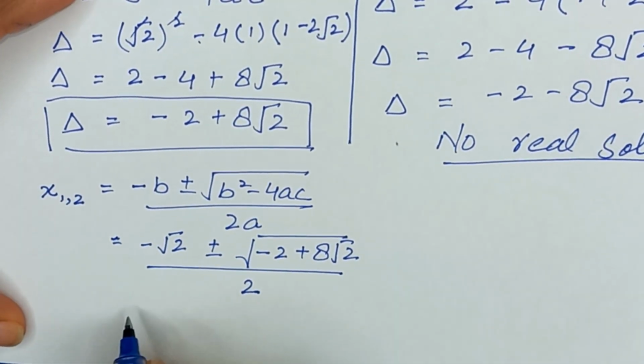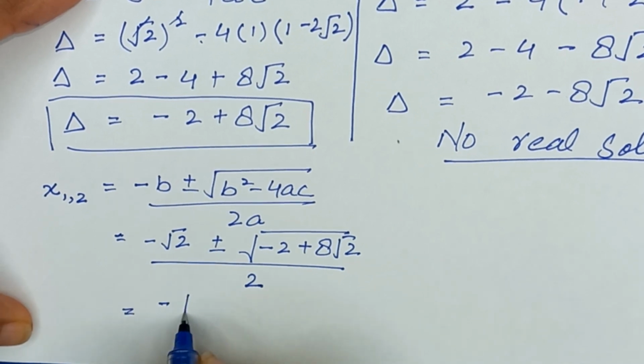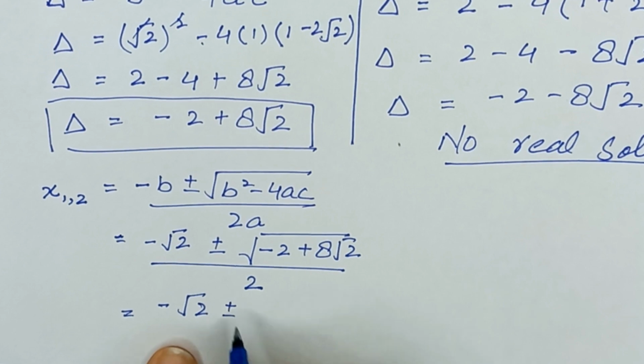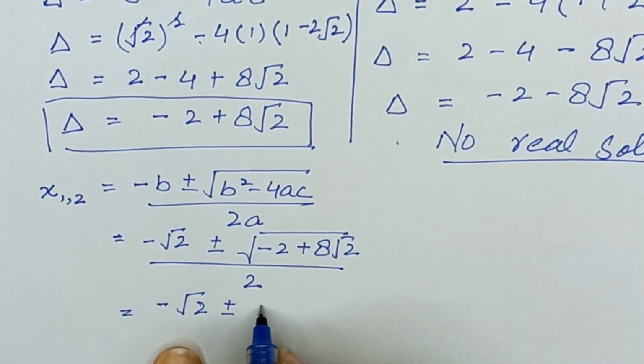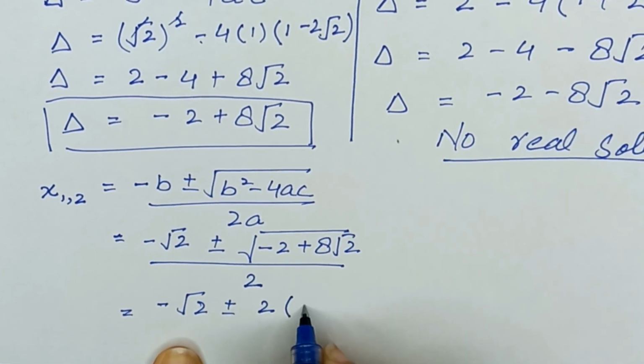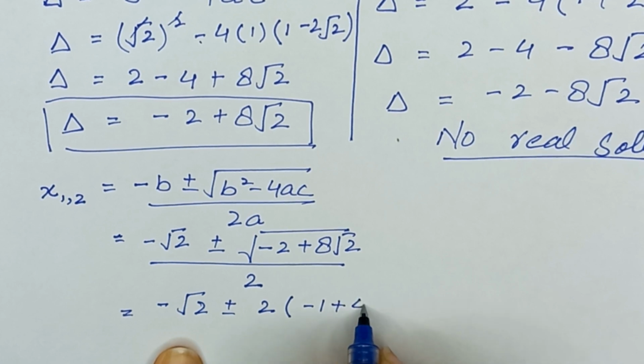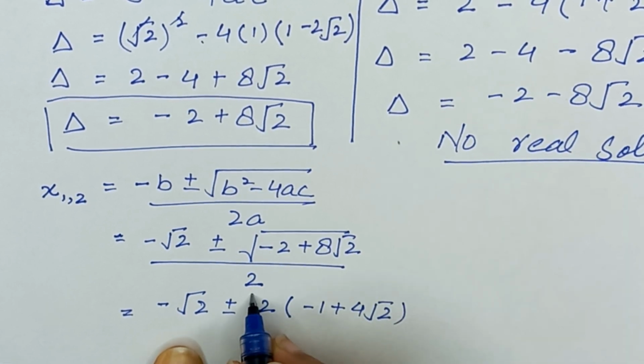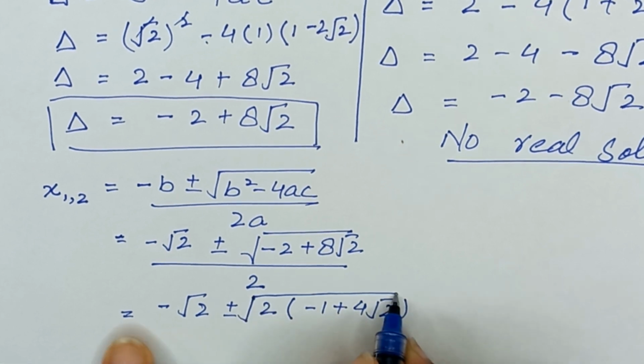So from here it will become negative square root of 2 plus minus, I will take 2 common from here, so it will become negative 1 plus 4 square root of 2 and its square root divided by 2.